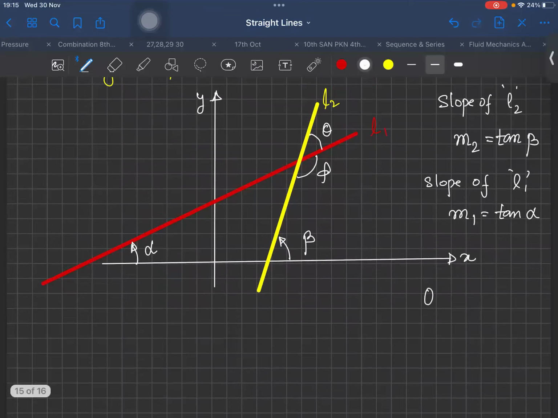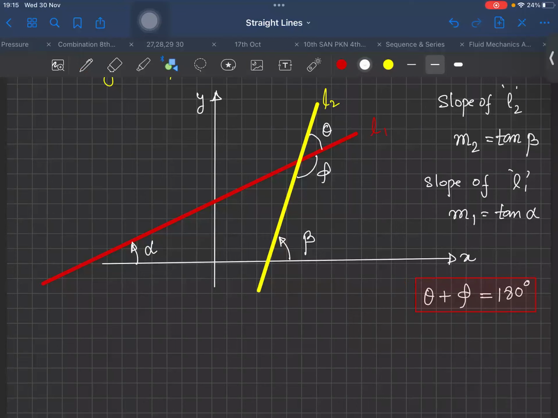We also know theta plus phi will always be equal to 180 degrees. It's a straight line. This information also we know. Yes or no? Theta plus phi will always be 180. Why? It's a straight line. The yellow line is a straight line. So even if it intersects, we are writing those angles only, right? So theta plus phi will be equal to 180.